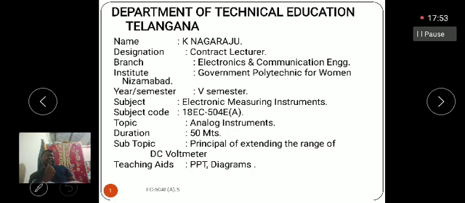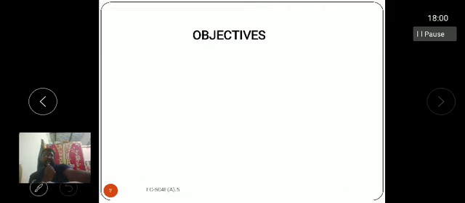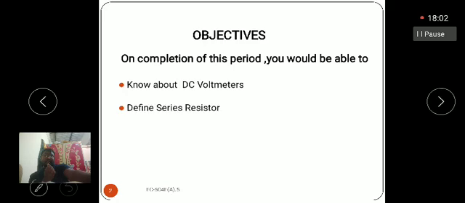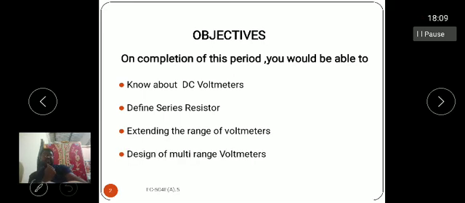After that I explained the DC voltmeter and multiplier resistor, that is the series resistor, extending the range of the voltmeter, and the design of the multi-range voltmeter.